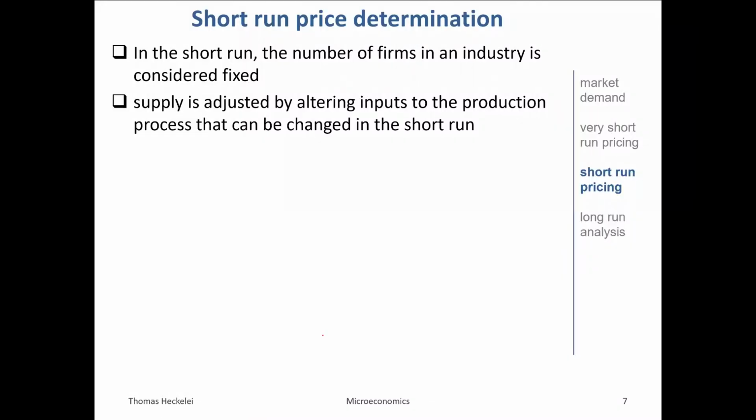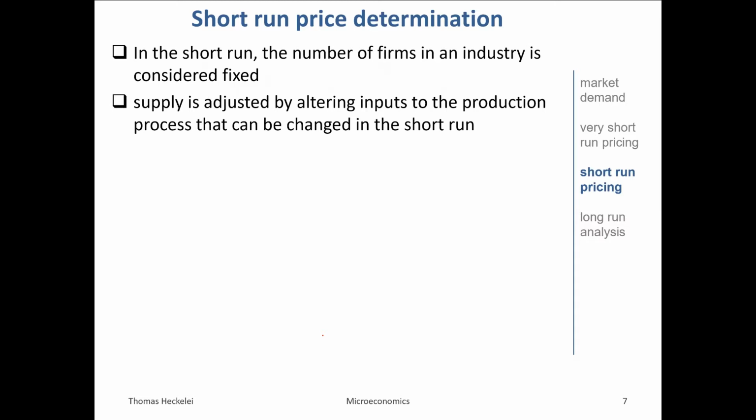Okay, the very short run was easy, not much to say. However, now we come to the second one, short run, which is more interesting to us to some extent. Now, in the short run, we assume that the number of firms is fixed. That's what we said. However, there is supply response.